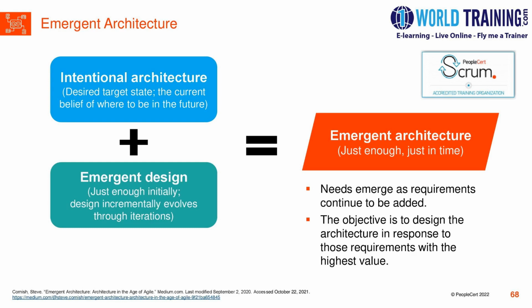So the objective is to design the architecture in response to those requirements with the highest value. These requirements can keep on emerging and changing based on discussion with the customer. So emergent architecture is the best way forward in Scrum, following the Agile practices.